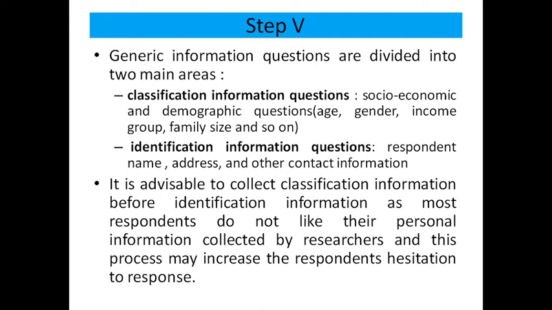Classification information basically includes socioeconomic and demographic questions such as age, gender, income group, family size, etc. Identification information are those which help the researcher identify the respondent, say the name, address, and contact number of the respondent. If this information is sought by the researcher, those are called identification information questions.